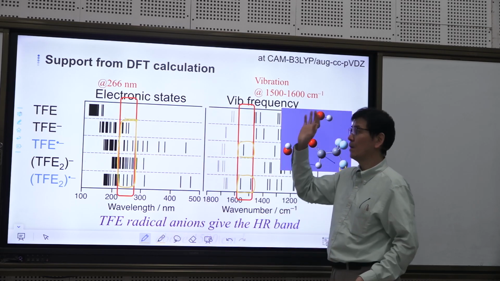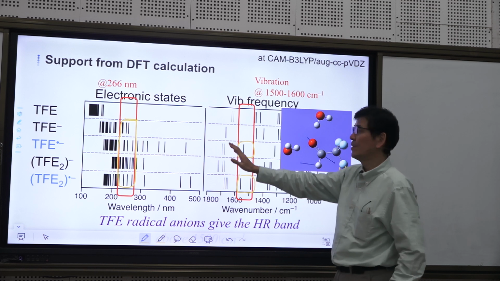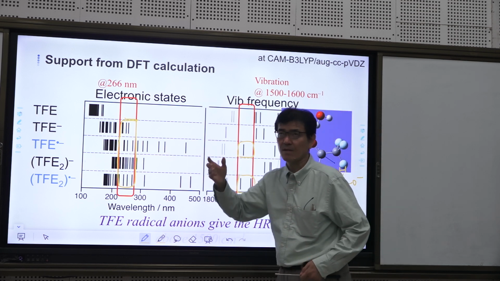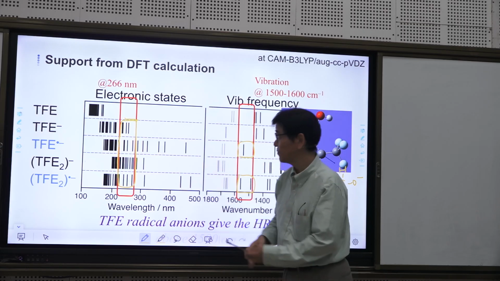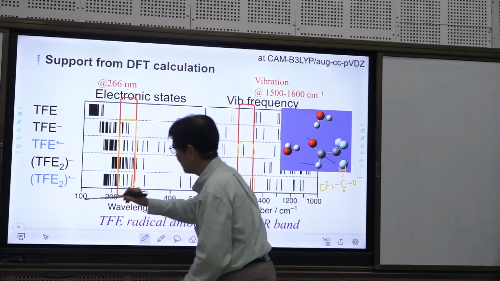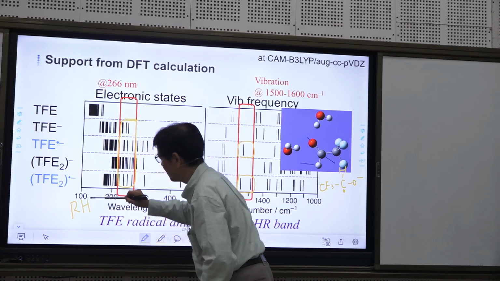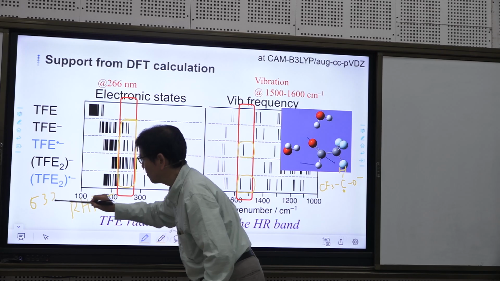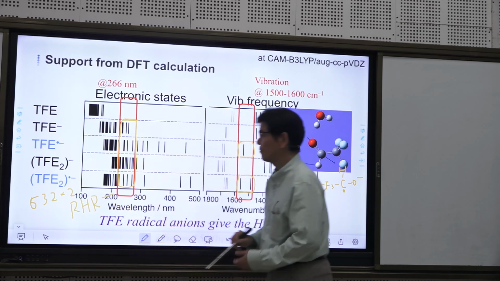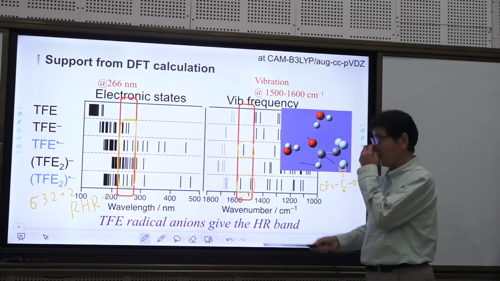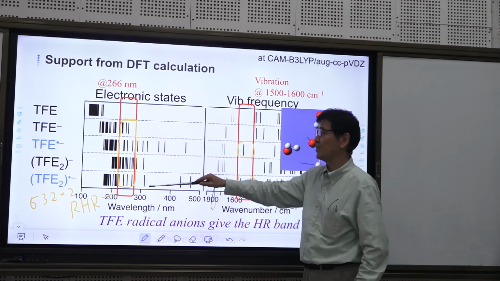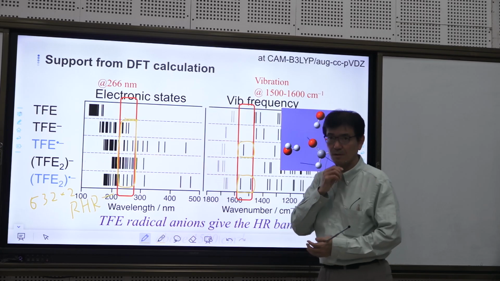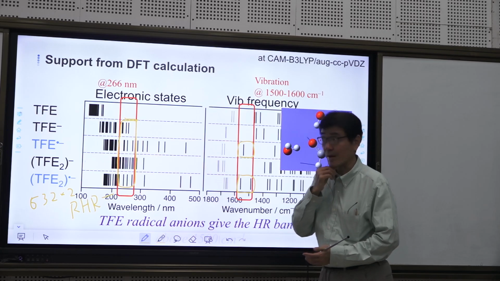So they have a chance to give the resonance hyper-Raman signal. Okay? So their signal should be enhanced more. But it is the same with resonance Raman.